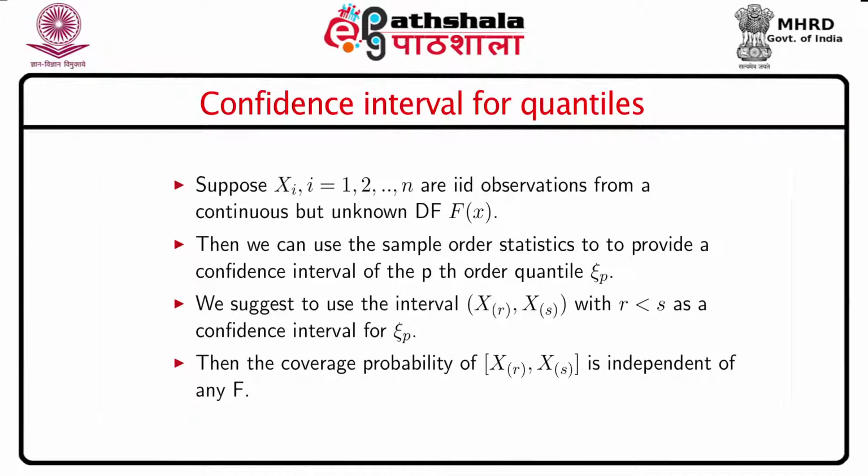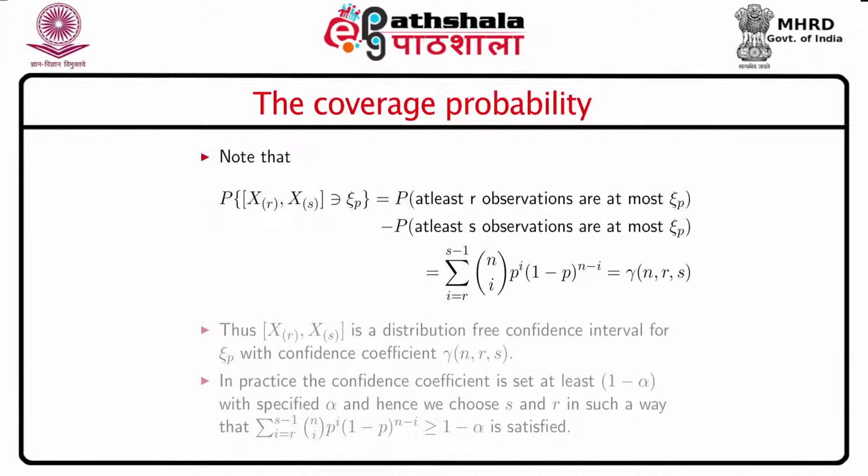Next, we shall obtain the coverage probability of such an interval. Note that the probability that the random interval contains xi_p is the difference of two probabilities. Number one, the probability at least r observations are at most xi_p, and the second one is the probability at least s observations are at most xi_p.